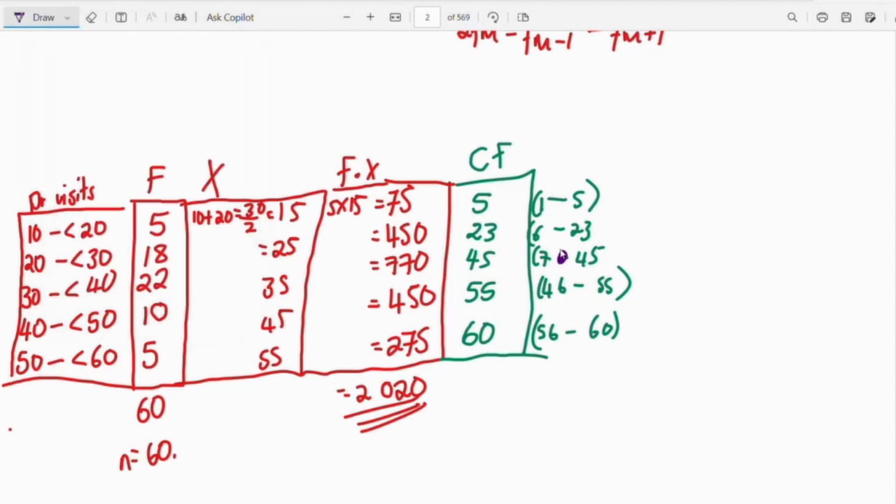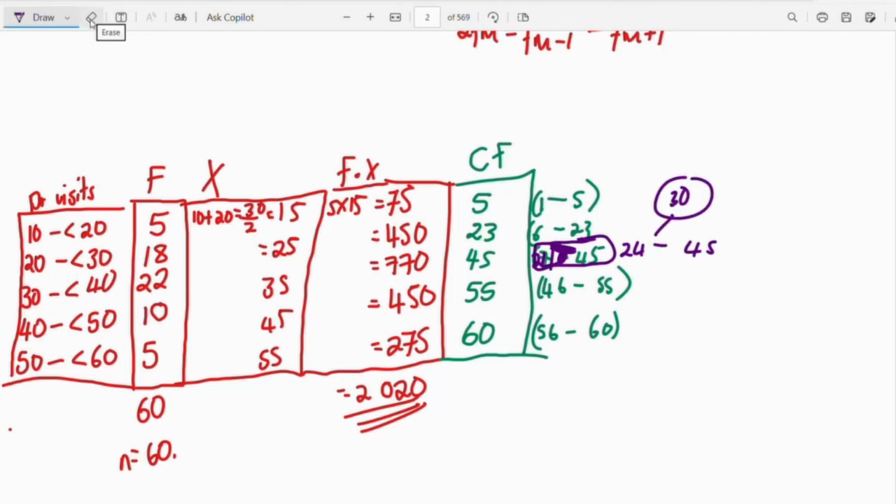The number 30 would be somewhere here in this particular interval between 24, this is 24, right? This is 24 and 45, which means 30 is somewhere here.